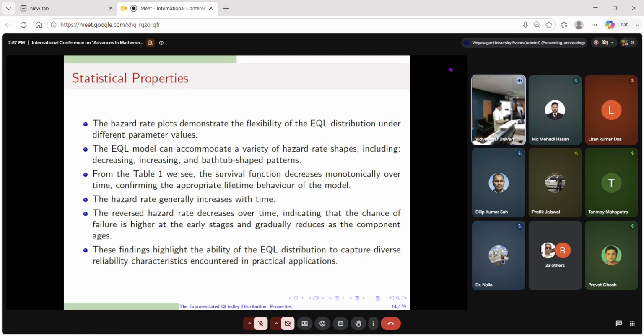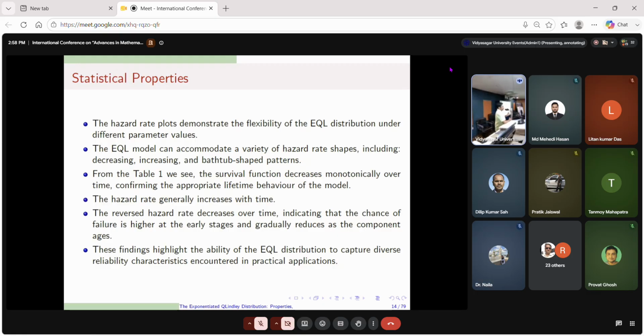Now you see, the hazard rate plots demonstrate the flexibility of the distribution under different parameter values. If you observe the hazard rate or reverse hazard rate, sometimes the diagrams look like a bathtub. I think you know what a bathtub is.